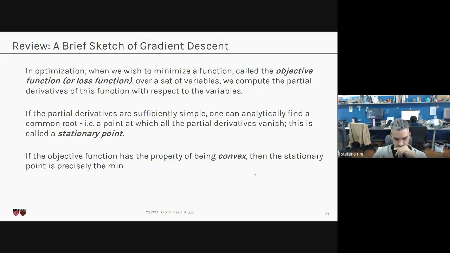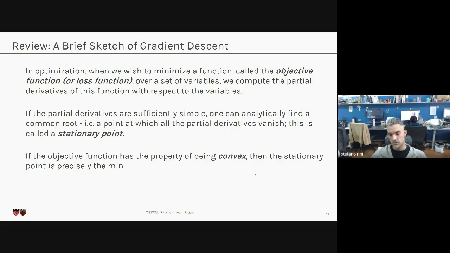And when you compute this one here, you can find a common root. There is a point in which all the partial derivatives are vanishing, and we call this point a stationary point. Okay, then if the objective function has the property of being convex, then the stationary point is precisely the minimum. You remember this from your high school days, right?